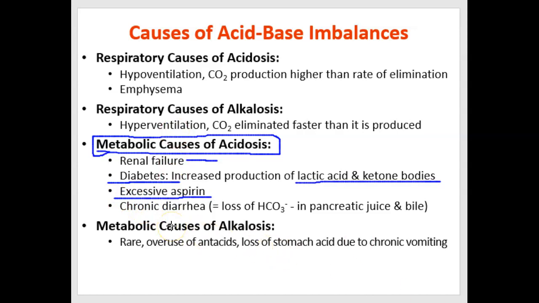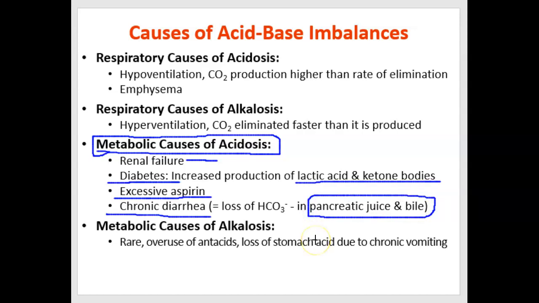I'm sure it has something to do with hydrogen ion pumps. And chronic diarrhea actually causes acidosis. That's because with chronic diarrhea, you end up losing a lot of pancreatic juice and bile.